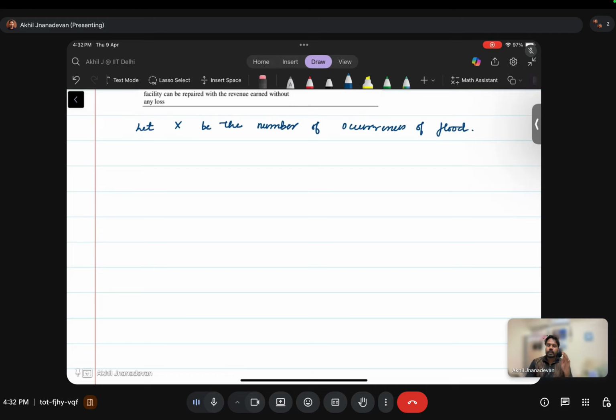So here we are defining our random variable as the number of occurrences of the flood. Okay, so we can start with proposal one.